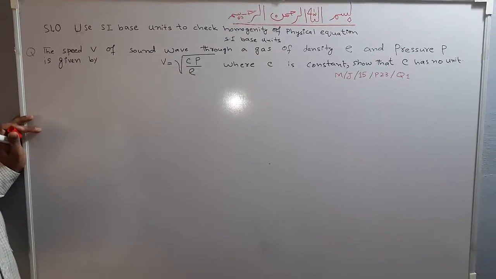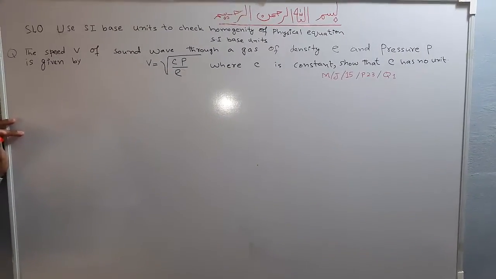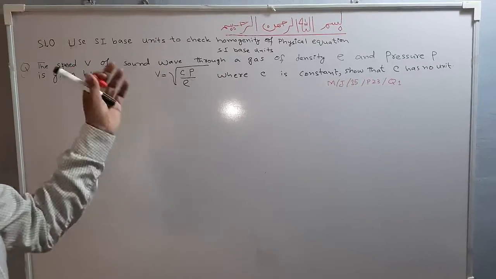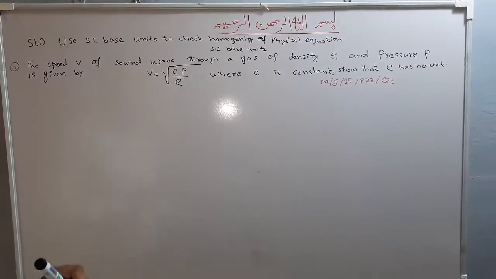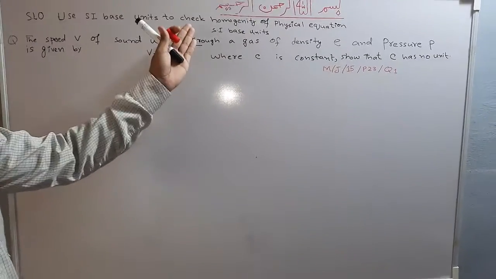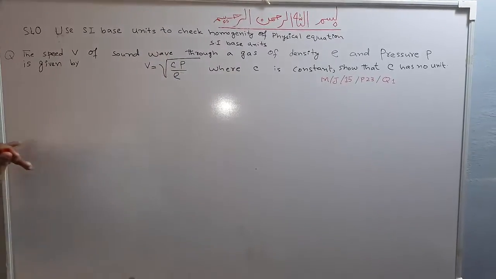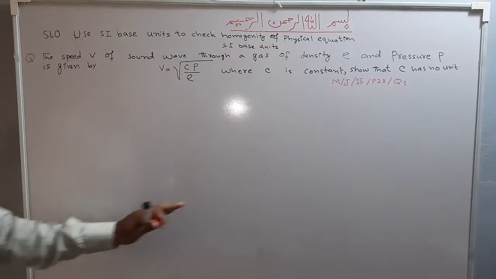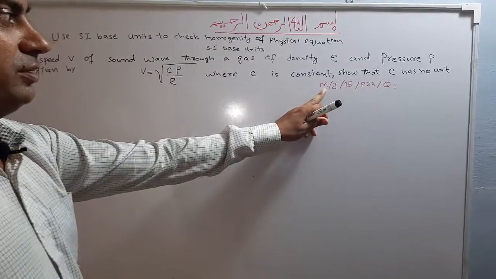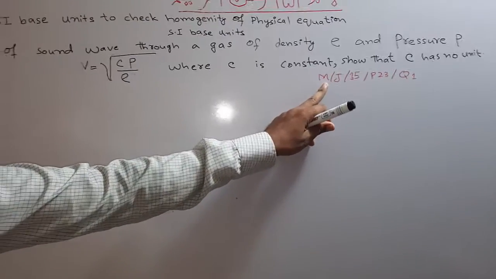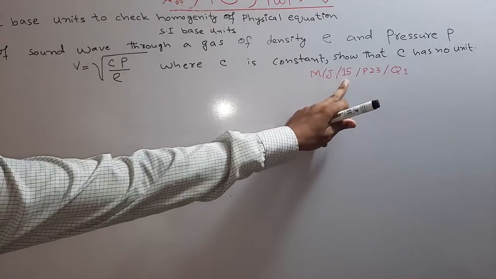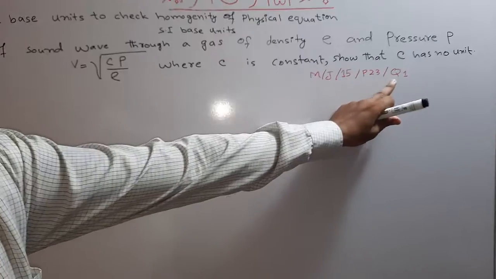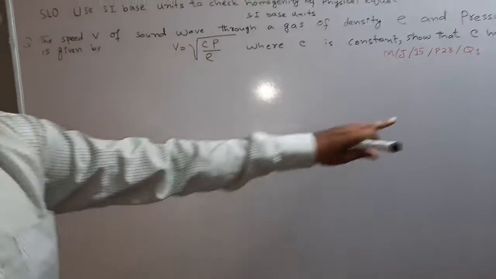Basically, to check the homogeneity of the physical equation, either we put the SI base units on both sides and we get the same result, or we put the SI base units of the remaining physical quantities and we can determine the rest of the physical quantity. Just like if we have 4 physical quantities, we can easily determine 1 of them by replacing the others.